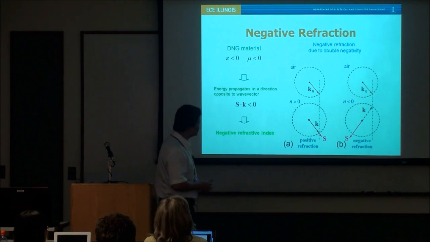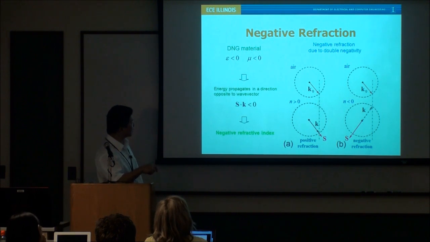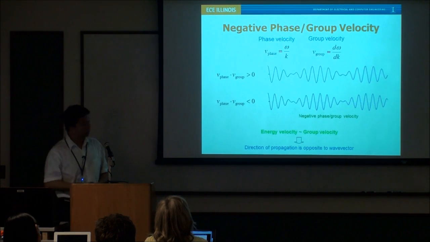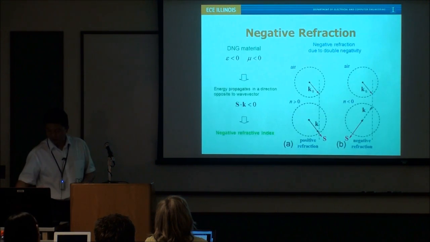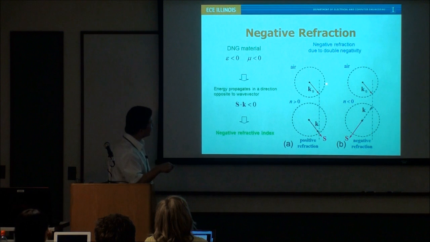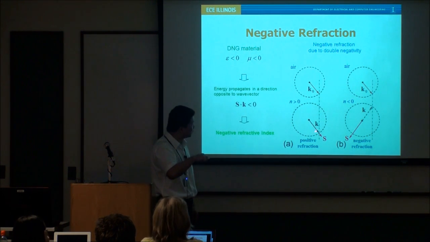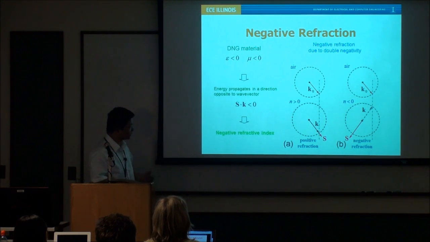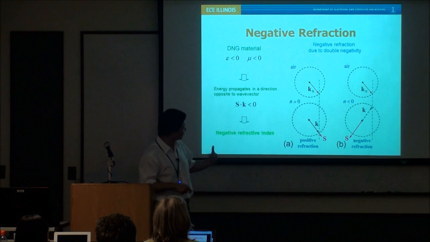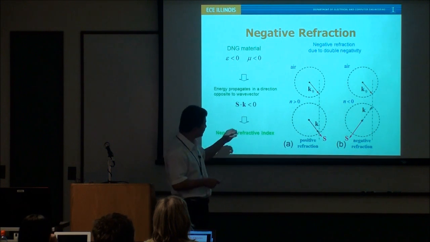Negative refraction. In this case, for the positive refraction that you have, which is the first case, when your electromagnetic wave propagates from air to the medium, to the glass or other dielectric materials, you keep the same K vectors, and of course, this K vector is modified depending on the refractive index.